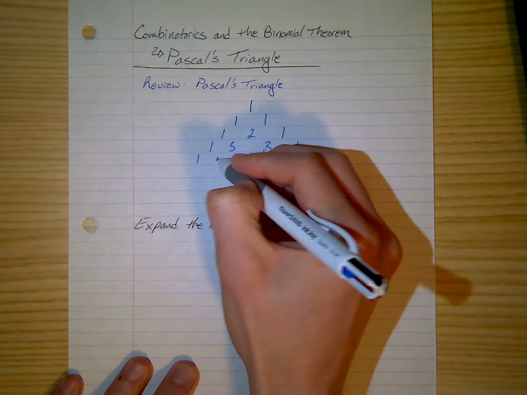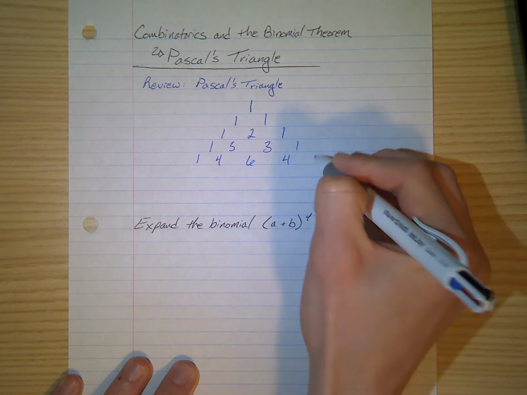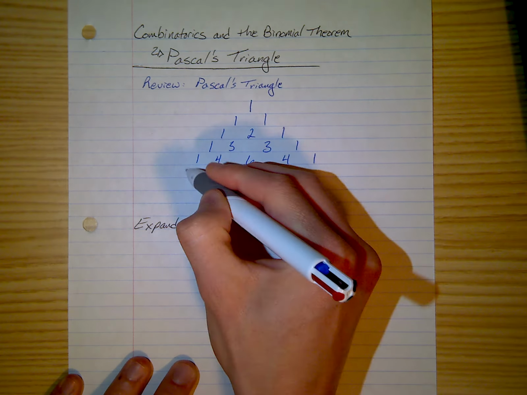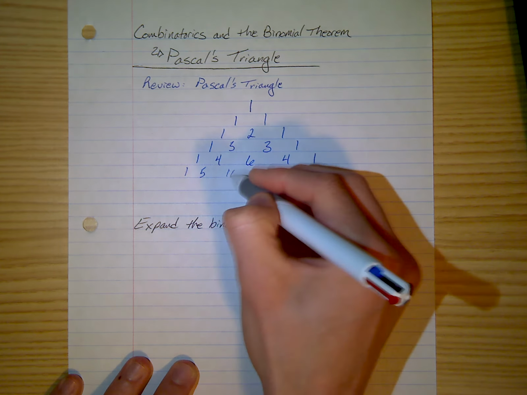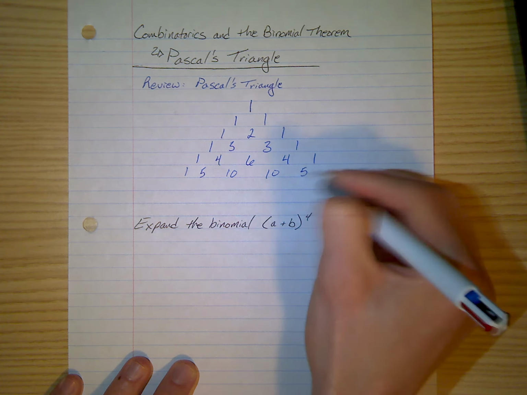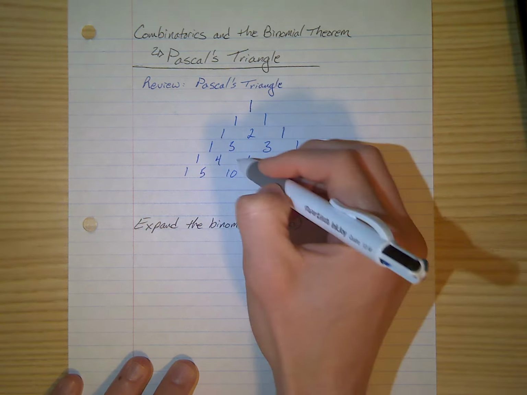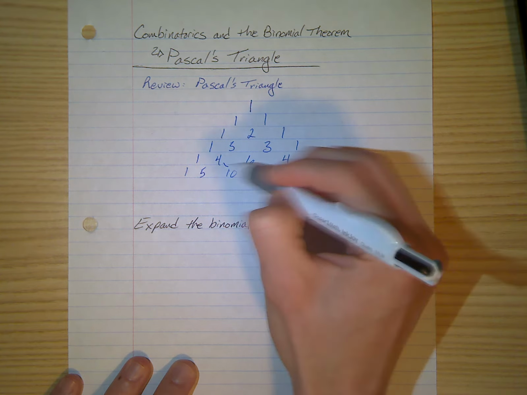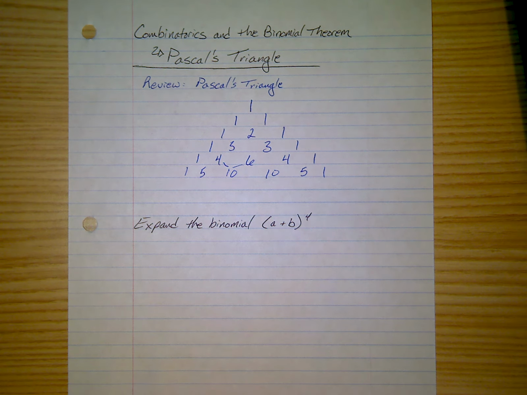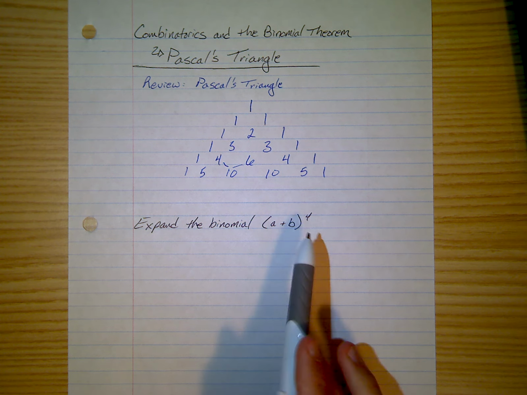Okay, 1, 4, 6, 4, 1. 1, 5, 10, 10, 5, 1, and so on and so forth, remembering that each one is the sum of the two digits directly above it. We use that with binomials.